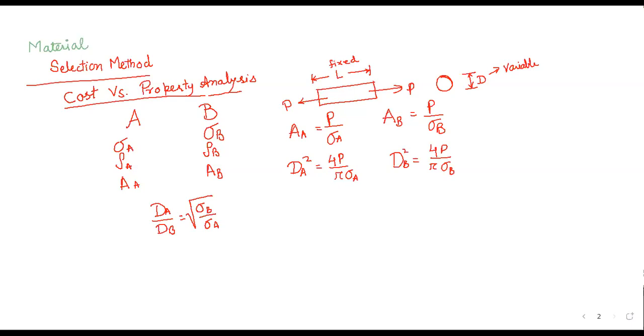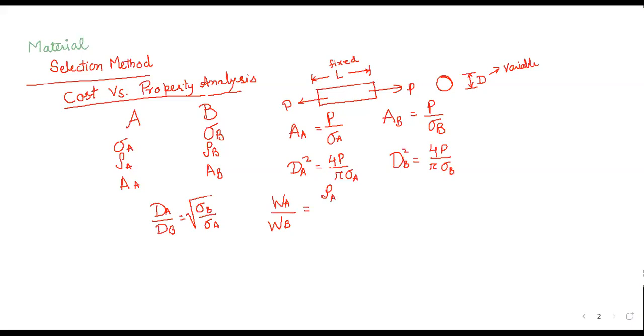So for equal length L, the weight ratio can be written as WA over WB, which is again weight, that is density into volume.